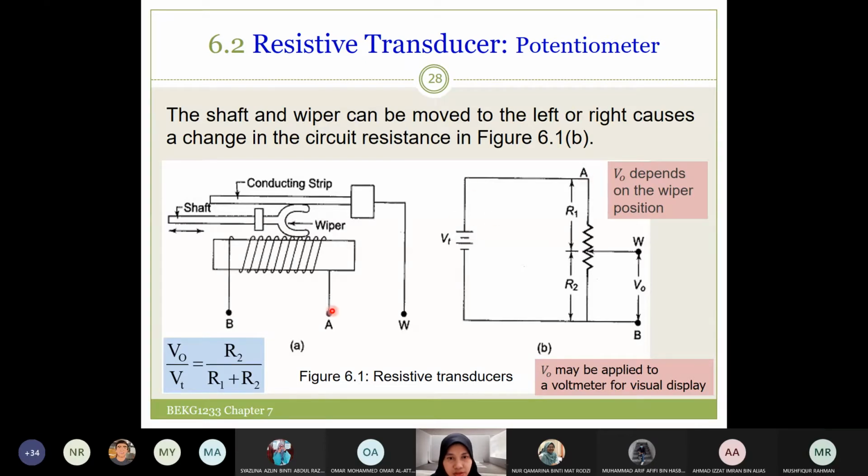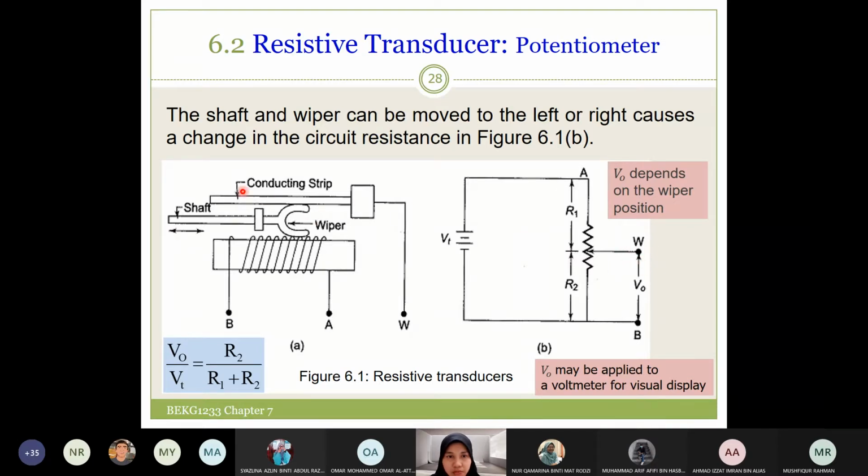This is at A. A to B. We have a resistance, and then W is wiper. W is connected to the output. So V out depends on the wiper position.